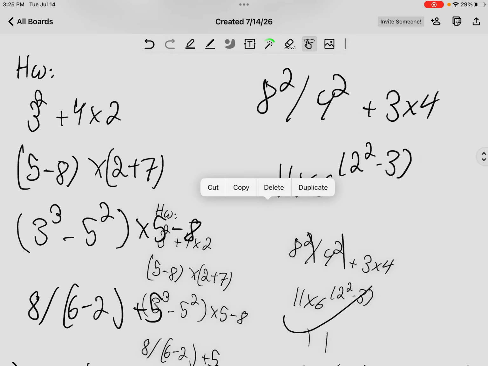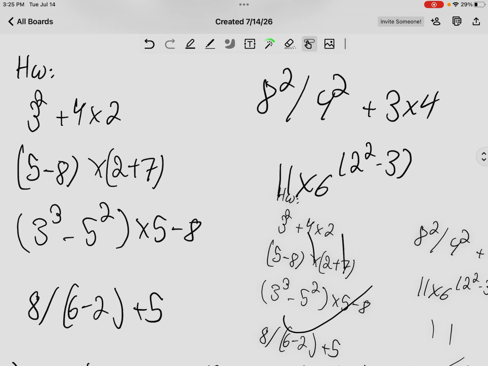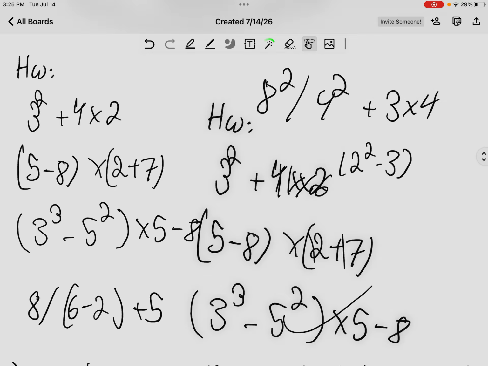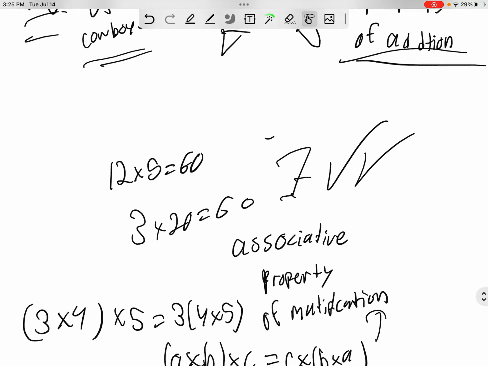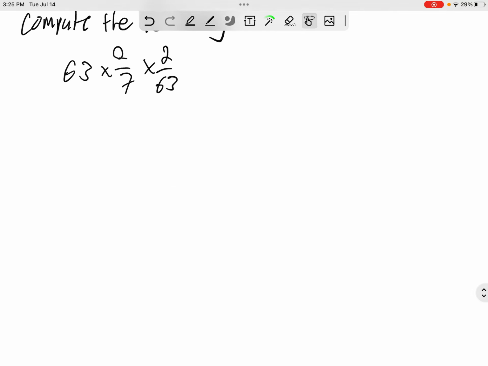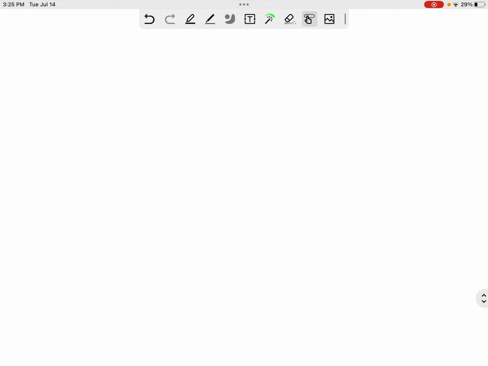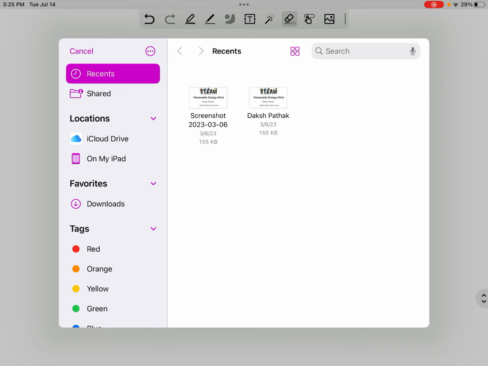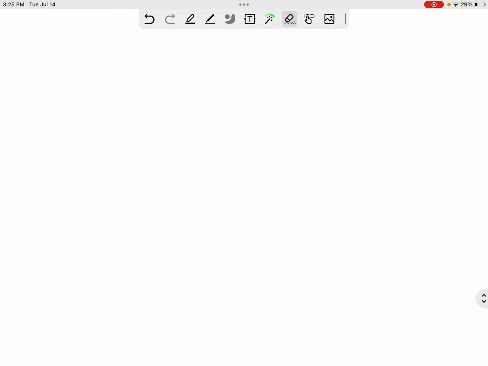Screw this. Wait, I can copy. So smart of me. Copy. Go all the way down. Wow, it's way too down. How do I paste it? I don't even know how to use this dumb computer. I mean, iPad, whatever. It doesn't work like that. Okay, screw that. I'm getting really mad. Okay, screw that. We'll just do it.